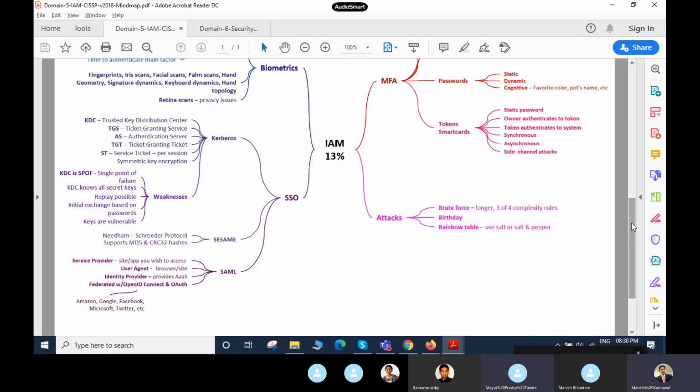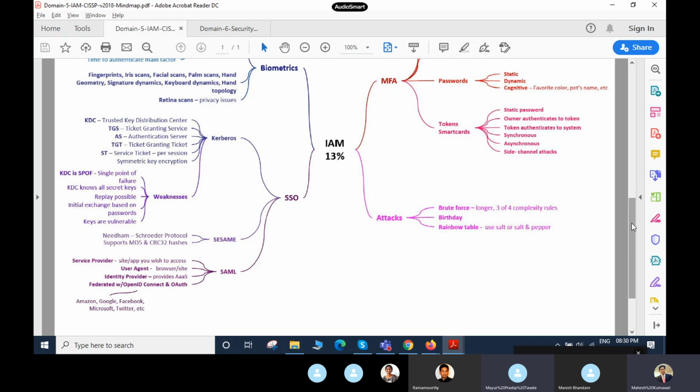Yes, basically SAML is the Security Assertion Markup Language between two or more entities. Basically it consists of an identity provider and a service provider.